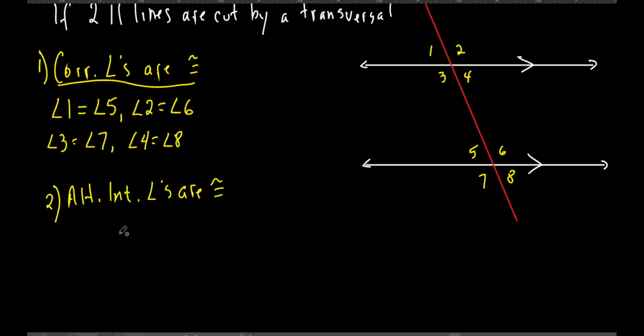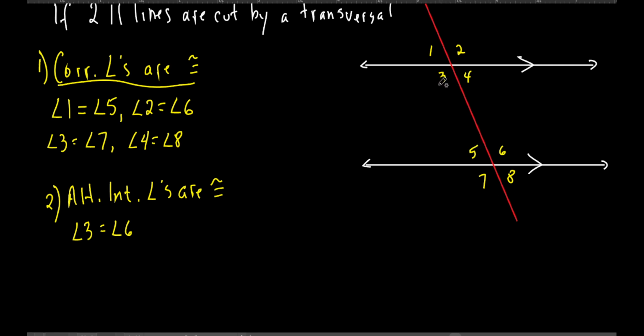All right, so let's list the alternate interior angles. So angle 3 would be equal to what? Alternate interior. Look at your notes. Which ones are alternate interior? 3 and 6. Look, it can't be 7 because 7's not interior. It's exterior. Okay? It can't be 5 because they're not alternate.